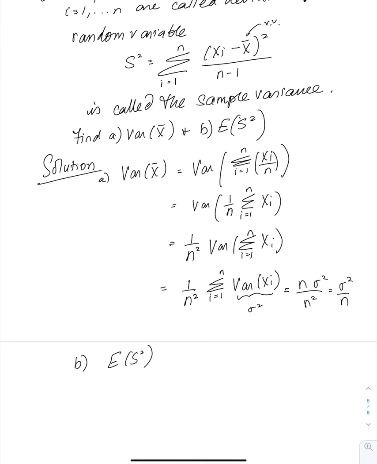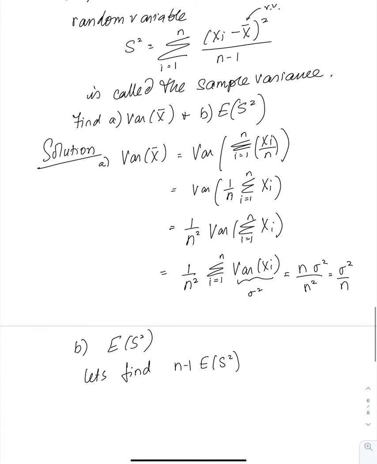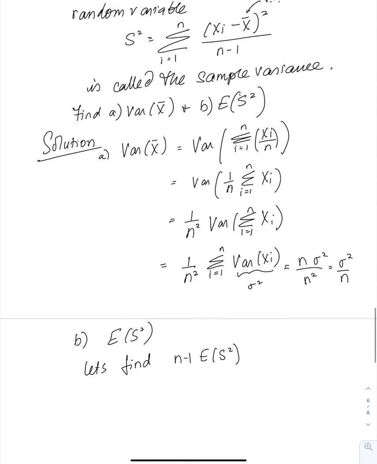Instead of looking at the expectation of s squared and having this n minus 1 floating around, what we're going to look at is n minus 1 times the expectation of s squared, okay? Then we don't have to fidget with the 1 over n minus 1 in each term.